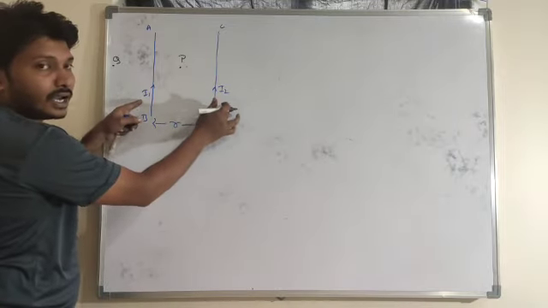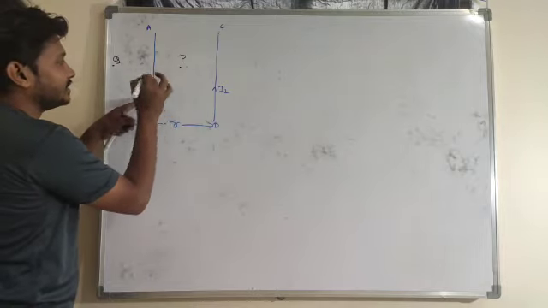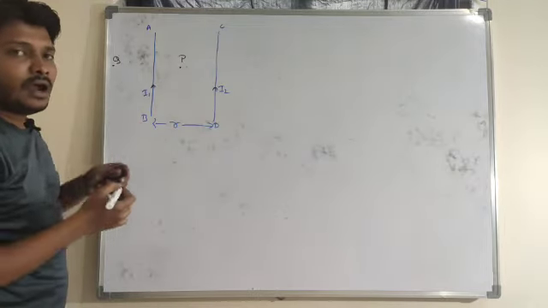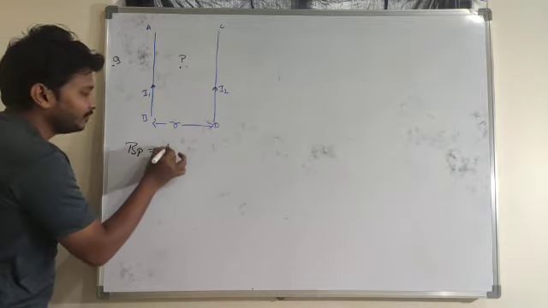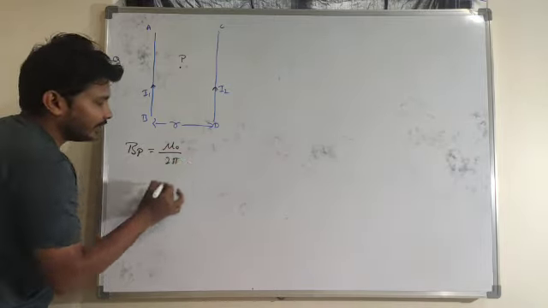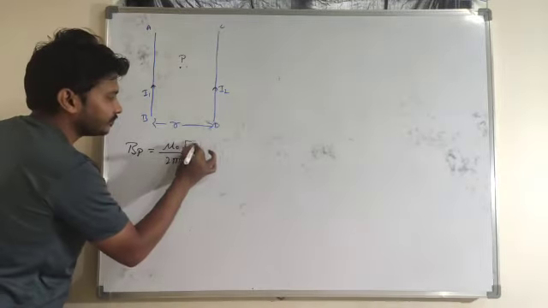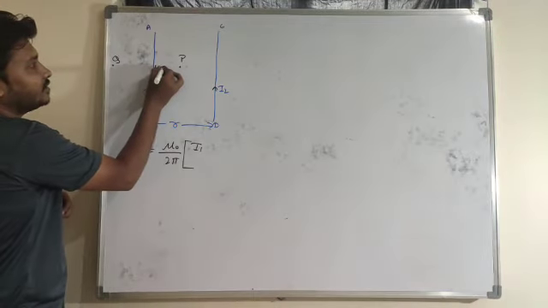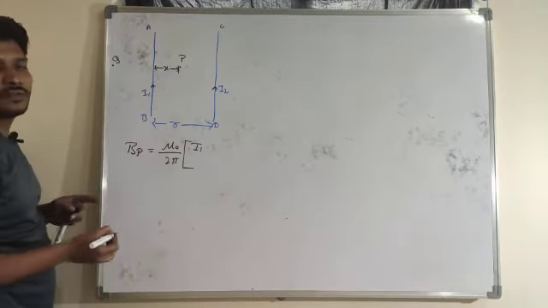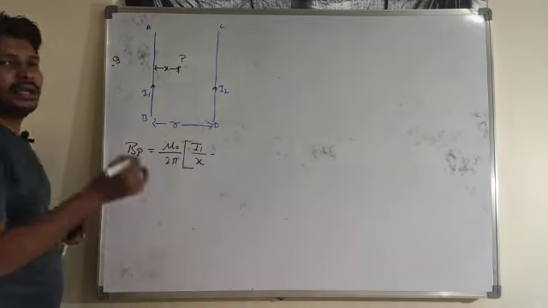So when the currents I1 and I2 are flowing in the same direction, current I1 is in the upward direction and I2 is also in the upward direction, then the magnetic field at point P, let me calculate here, is mu naught divided by 2 pi, I1 by x, since point P is at a distance x from the first wire, minus I2.